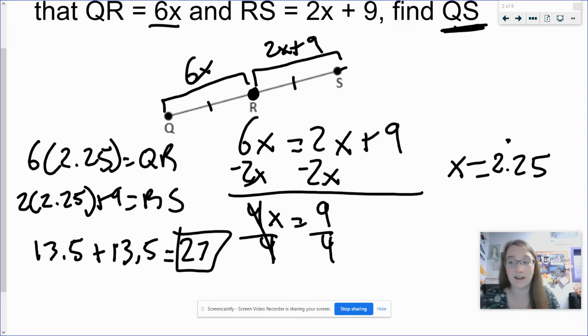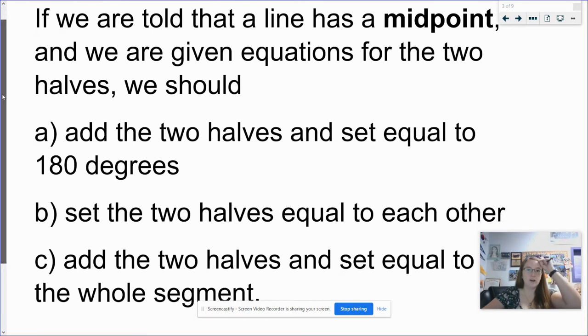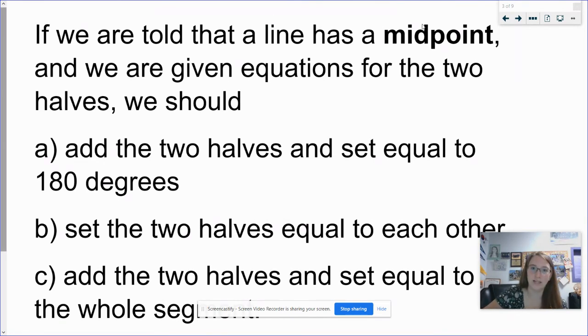Again, almost nowhere in this test will they say just solve for x. It's always solve for x and then go back and plug it in. Almost always. So let's summarize this. If we are told that a line has a midpoint, if you see the word midpoint, and then we're given equations for the two halves, what should we do?